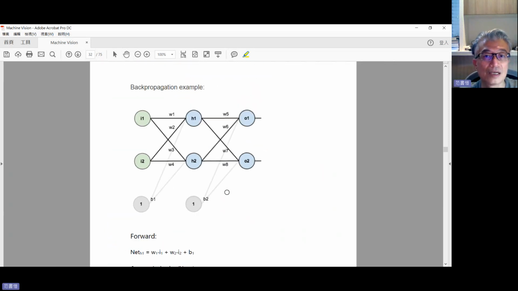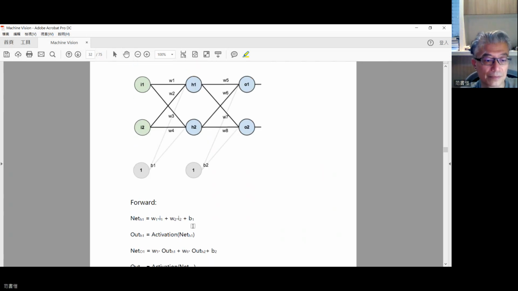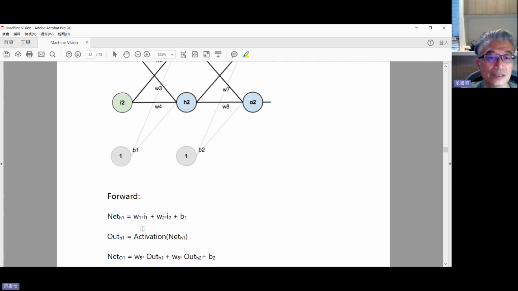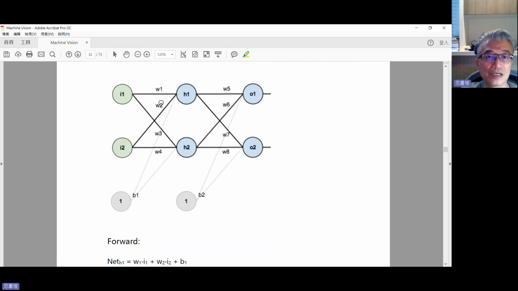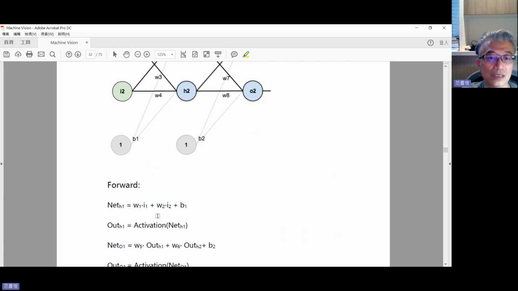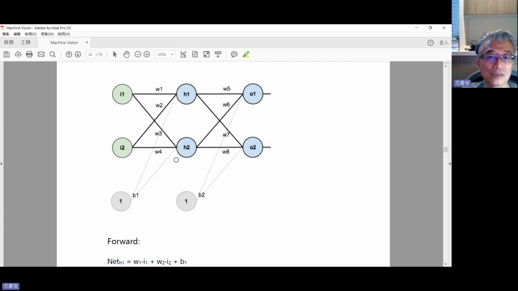In this network, the hidden H1 is equal to I1 times W1, plus I2 times W2, plus B1, to produce H1.